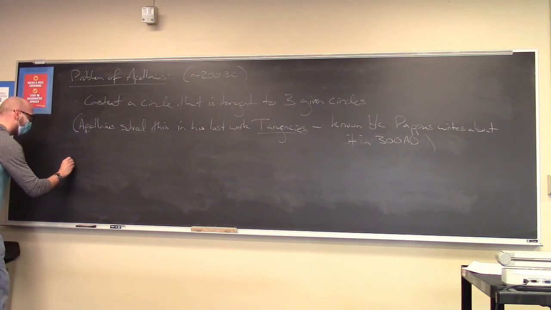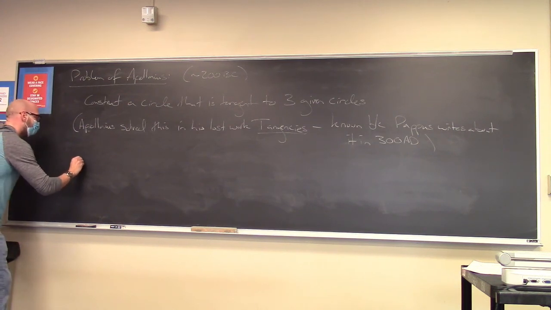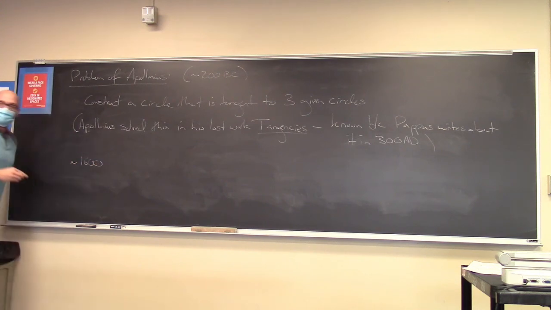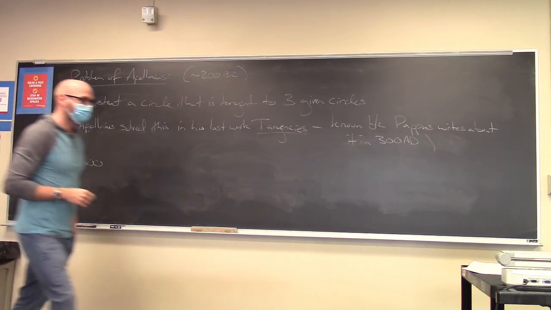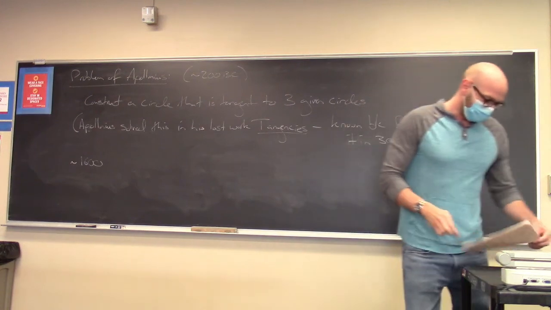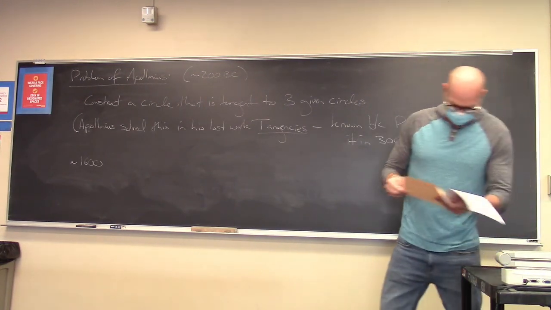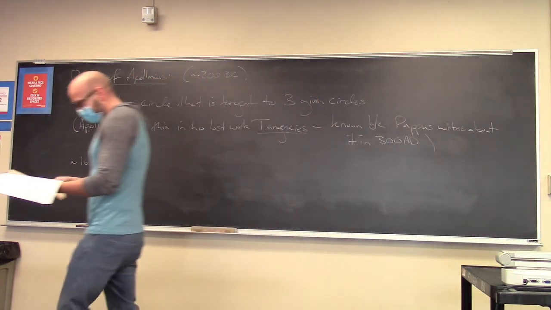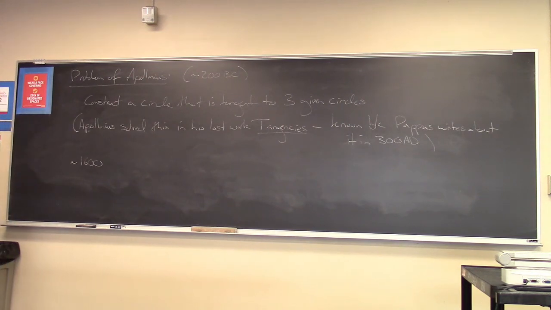What's next? Just in terms of the timeline. So now we get to about 1600. And I need to remember this guy's name. I think it's Van Roomen. Not a famous mathematician by any standard. It is Van Roomen.